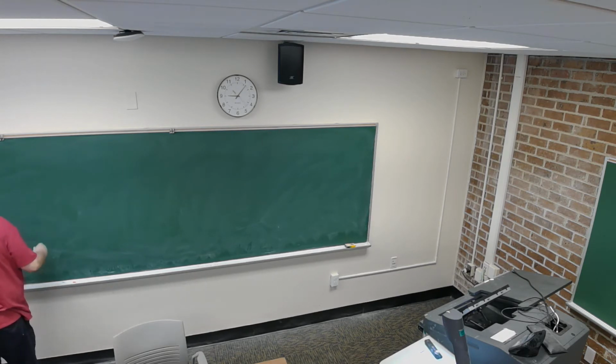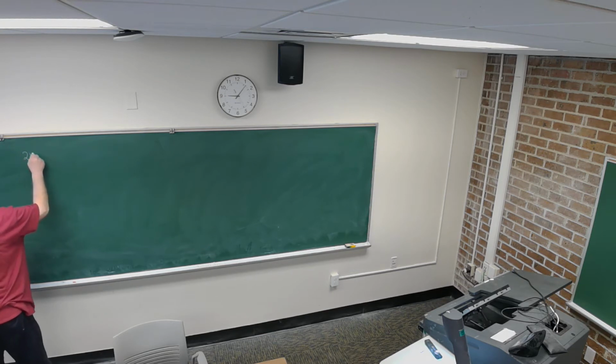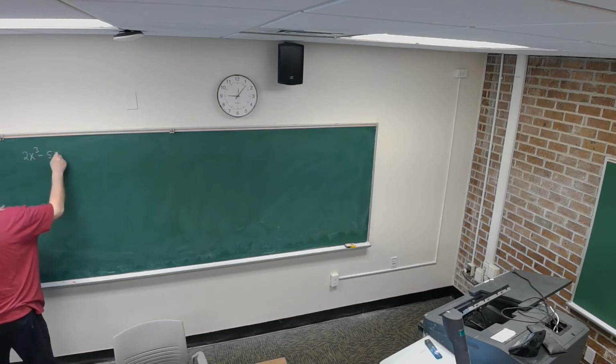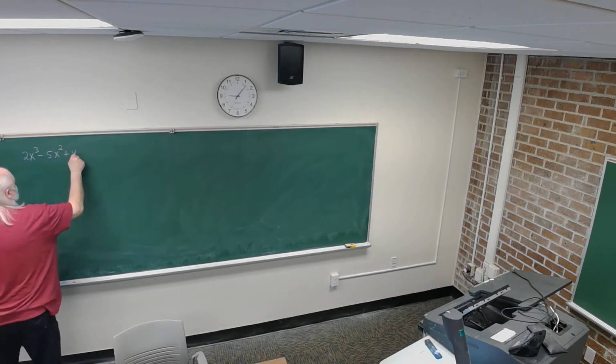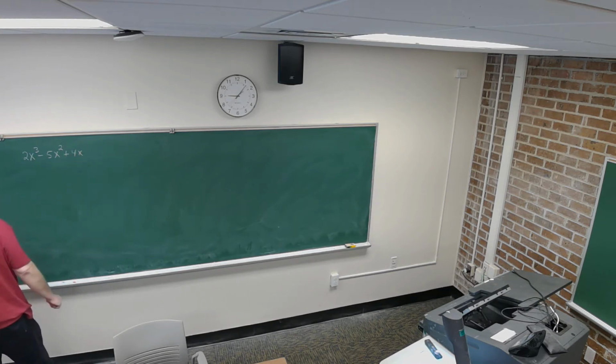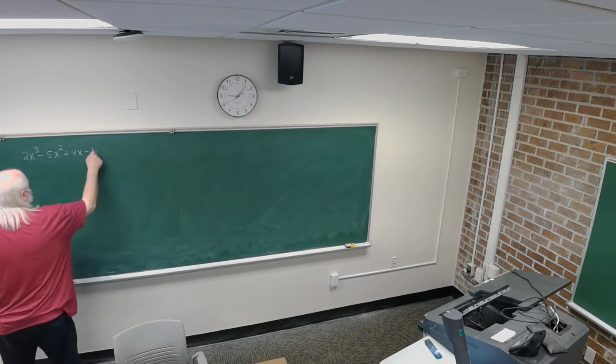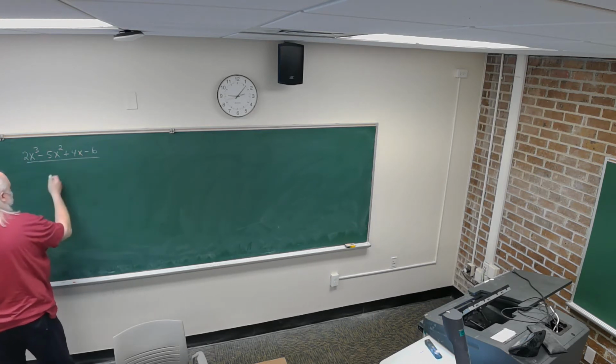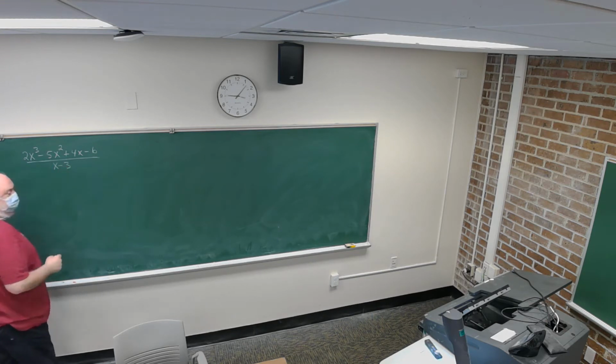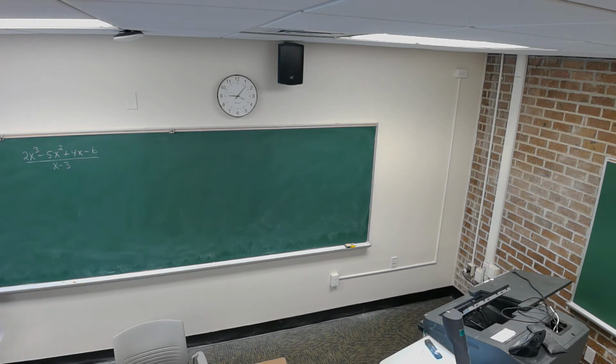So we're taking the polynomial, using notation from yesterday, 2x cubed minus 5x squared plus 4x minus 6, and we're dividing it. Remember, fraction bars are like division symbols. We're dividing by x minus 3. So if we perform that division, what's the remainder going to be? We don't actually have to do the division.